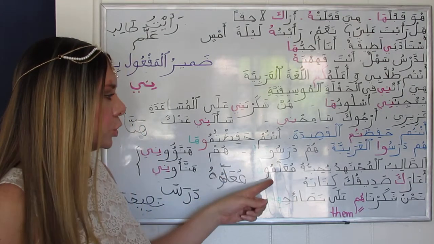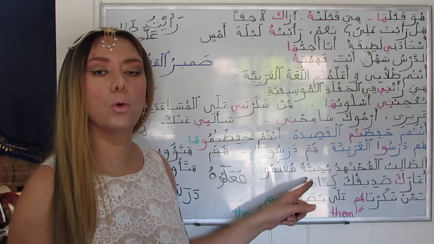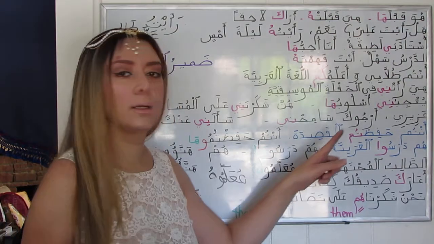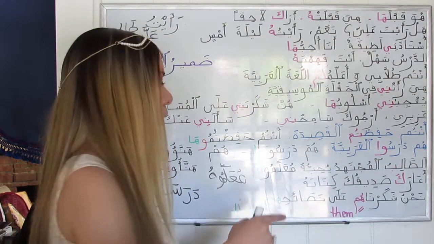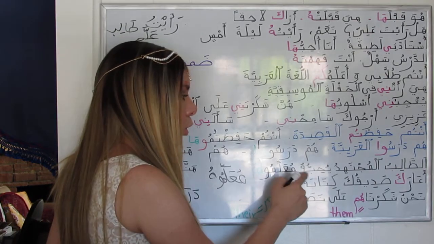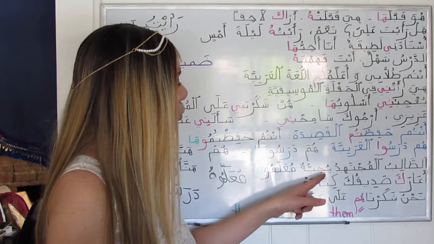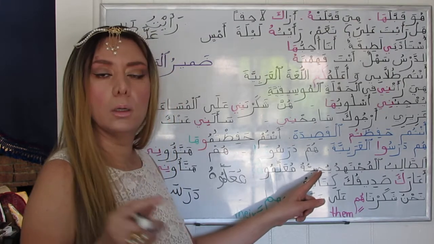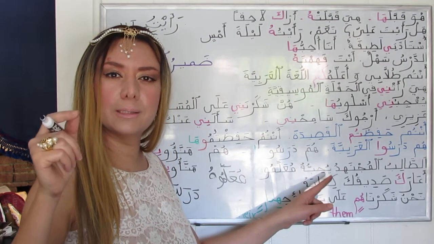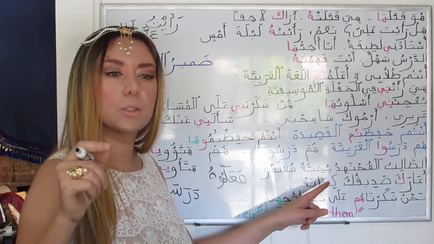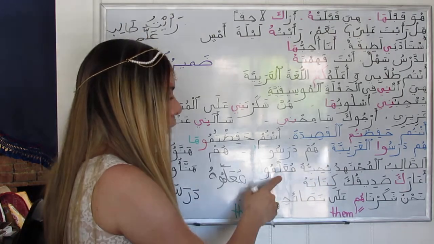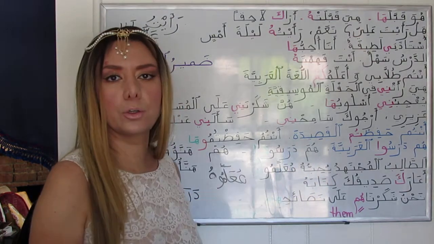His teachers يحبه, love him. So we have attached the hu to the verb to love, conjugated in the third person singular masculine because here the subject comes after.